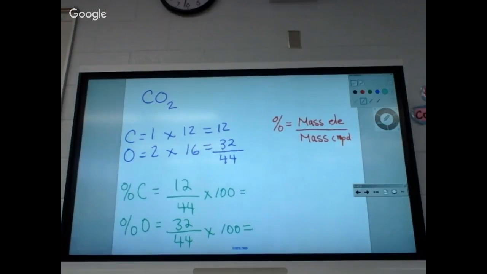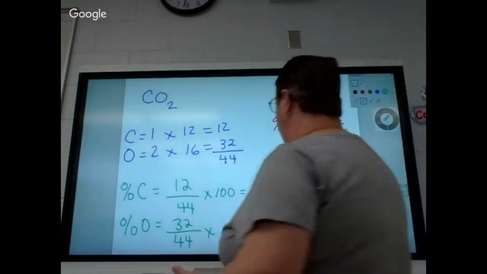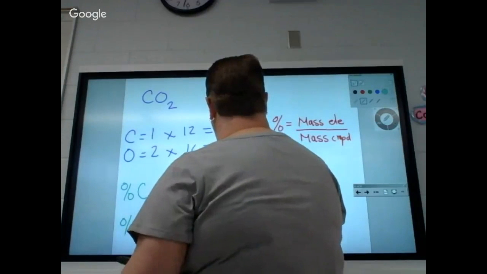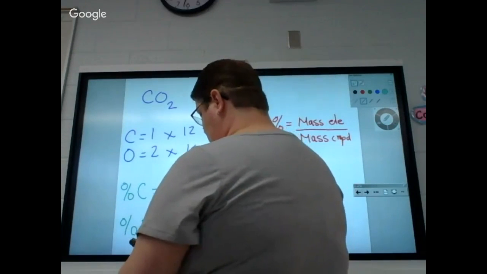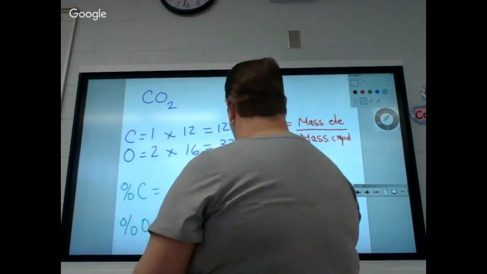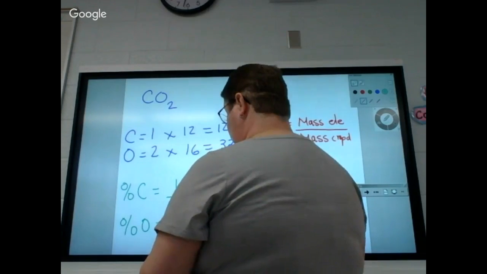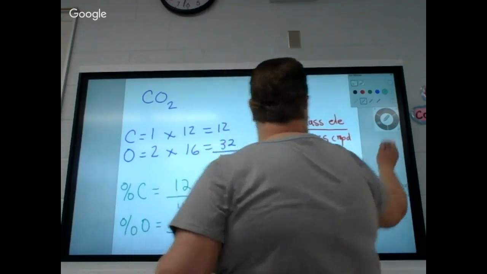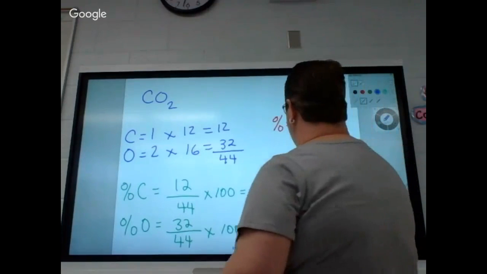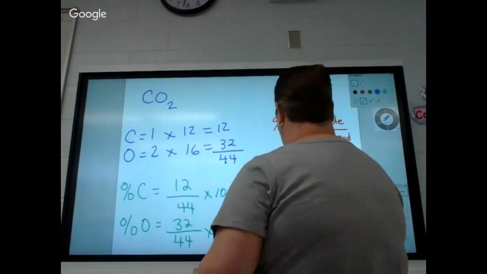They should add up to be 100. If you get like 99 or 99.9, should you hunt down that other 0.9 or 0.1%? No. I'm going to write 27.2 and 72.7. The units on these are percent, because that's what we calculated.